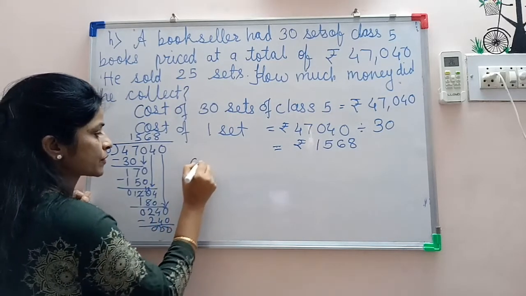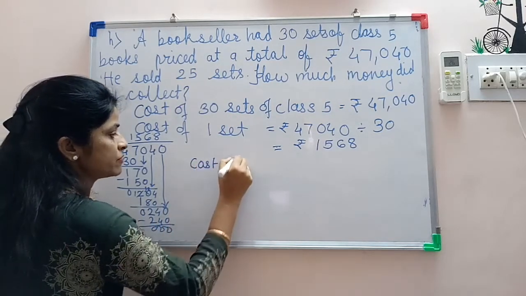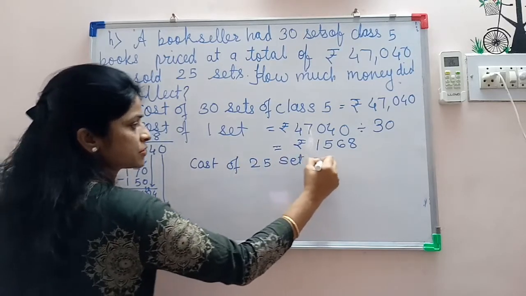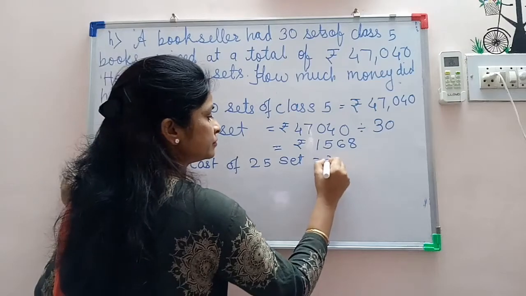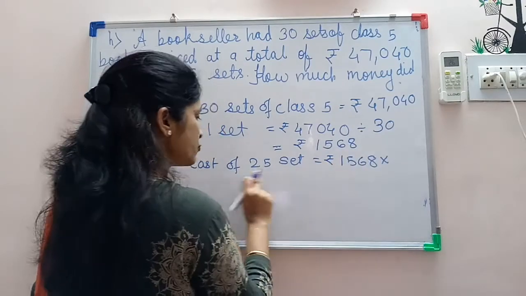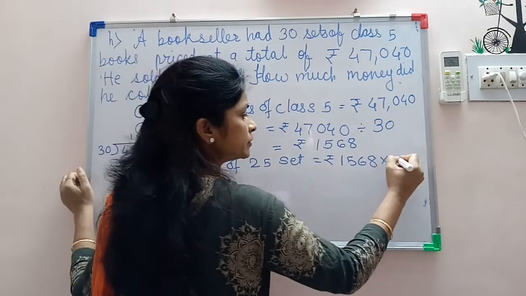So cost of 25 sets is equal to cost of one set multiplied by what you have to find out, that you have to multiply.